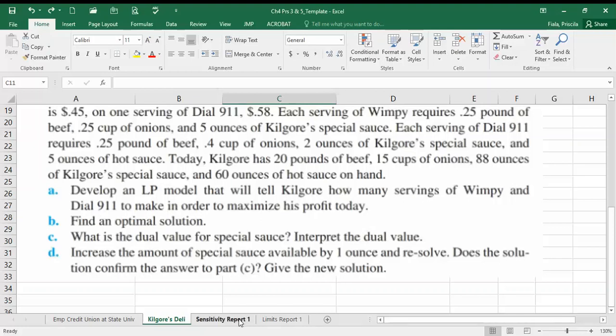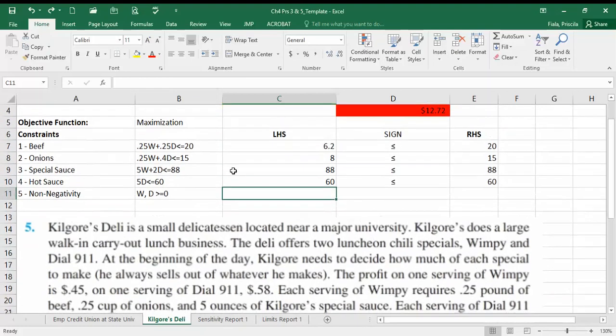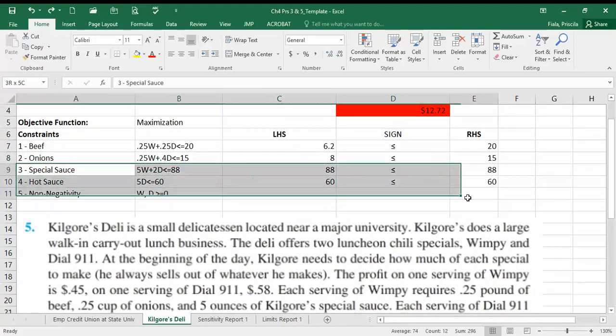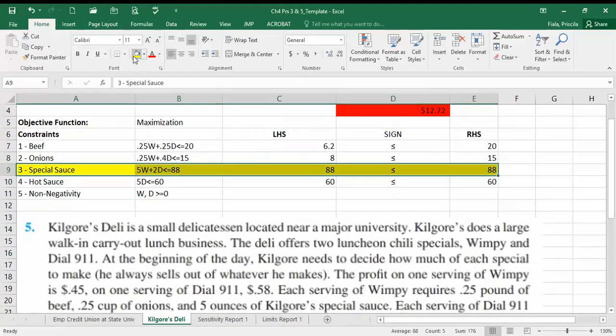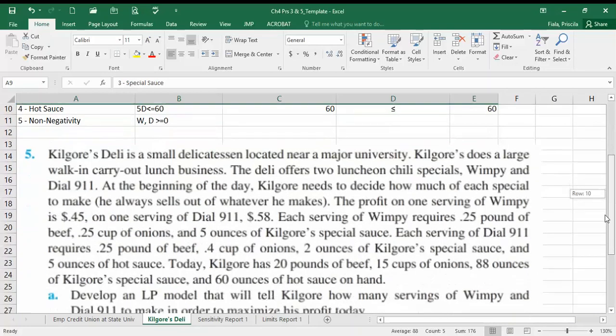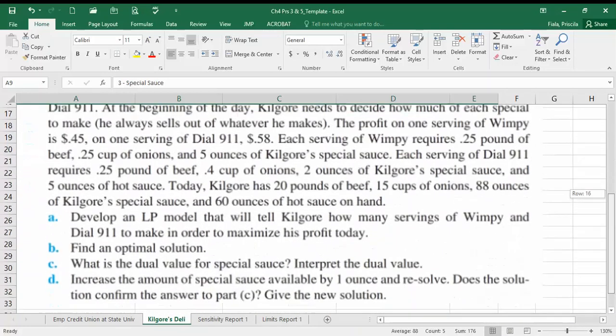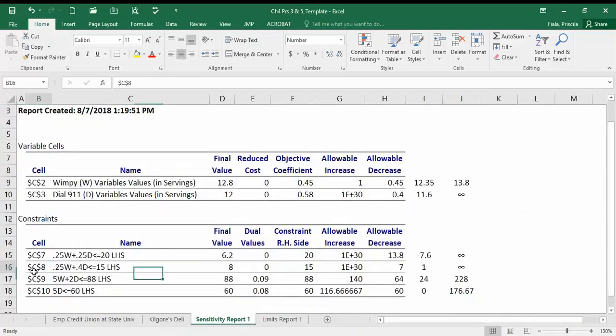So let's go back. The dual value for special sauce. First of all, which one is my special sauce? Right here. So my constraint number 3 is my dual value, which you could go ahead and rename to special sauce if you want, so you remember.